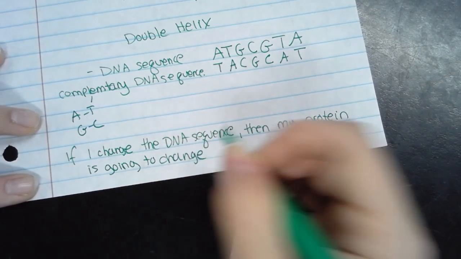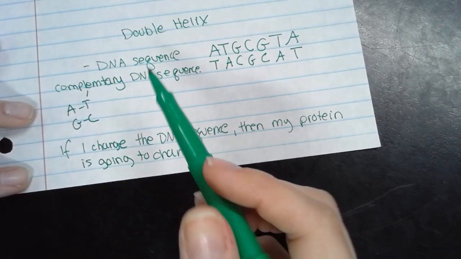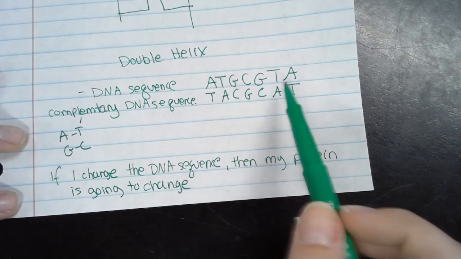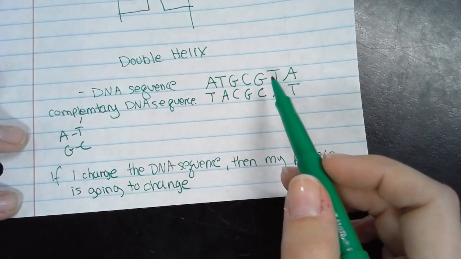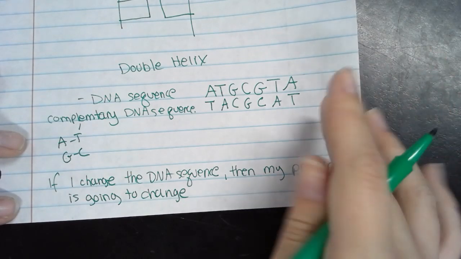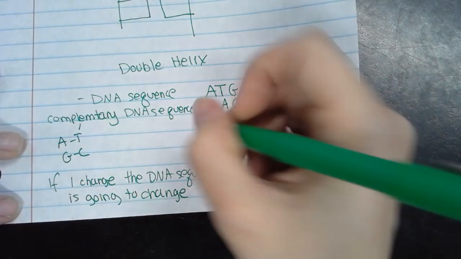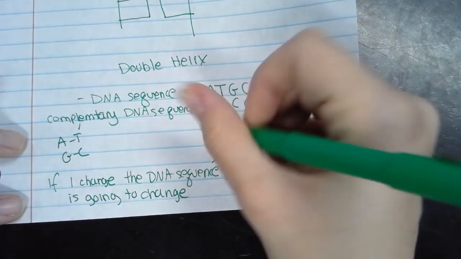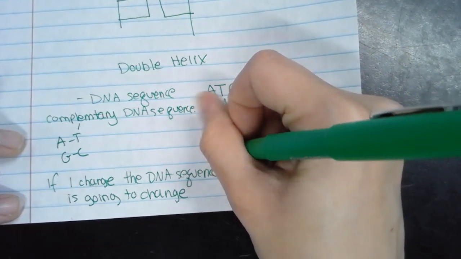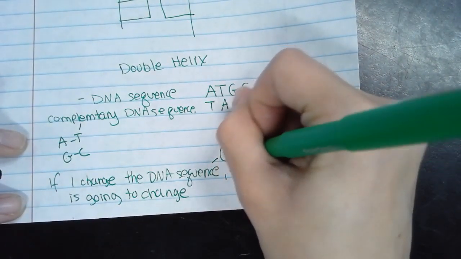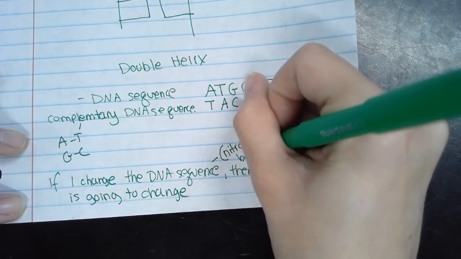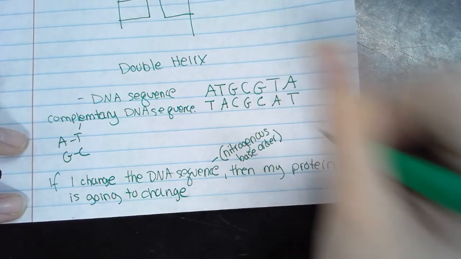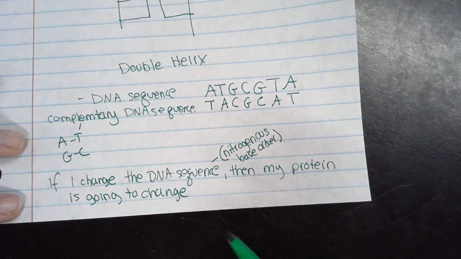So if I change the DNA sequence, then my protein is also going to change because I'm changing the order in which my nitrogenous bases are ordered. Okay? So if I change the DNA sequence, aka the nitrogenous base order or nucleotide order, then my protein is also going to change, and that's going to affect me.